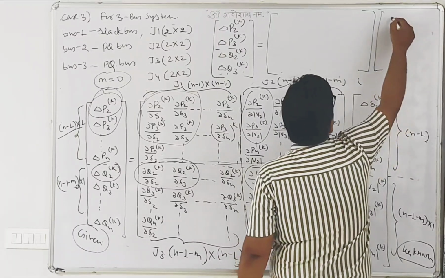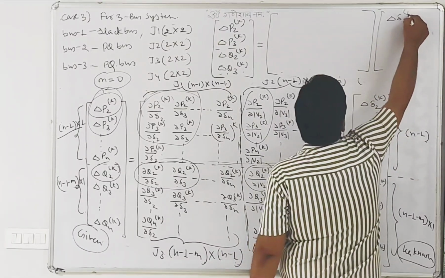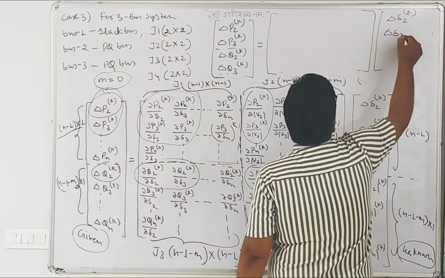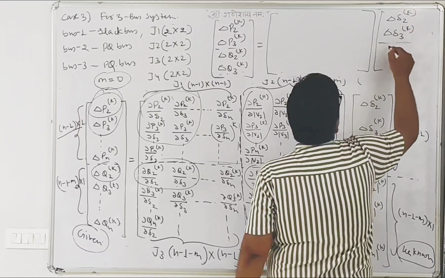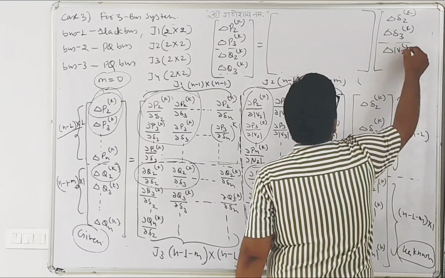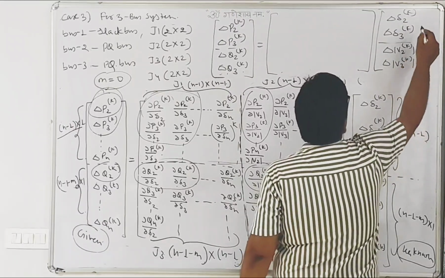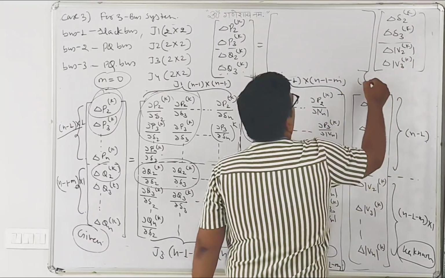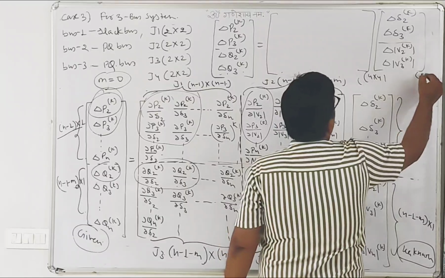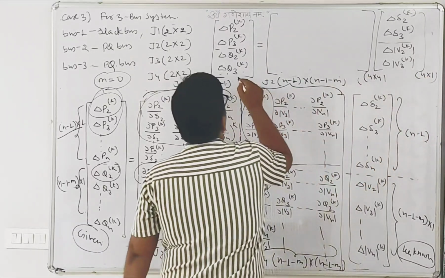What are the unknown quantities? Change in delta 2 with respect to k, change in delta 3 with respect to k, change in mod of V2 with respect to k, change in mod of V3 with respect to k. And this Jacobian will be 4 cross 4, this is 4 cross 1, this is 4 cross 1.